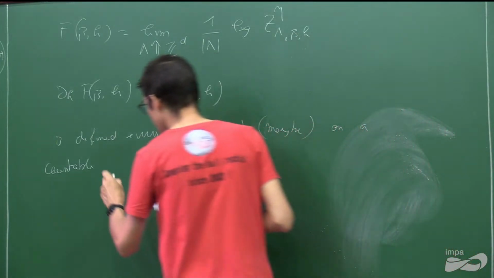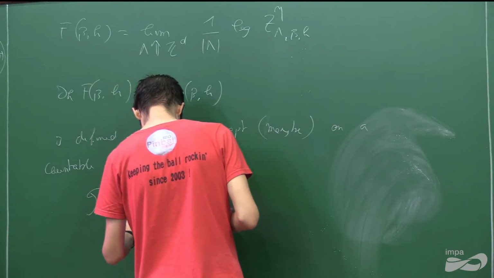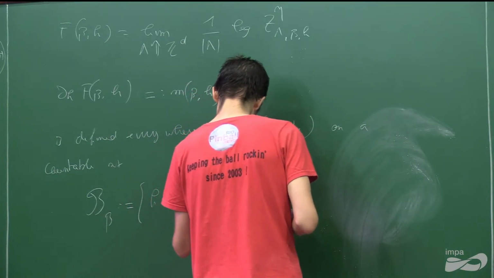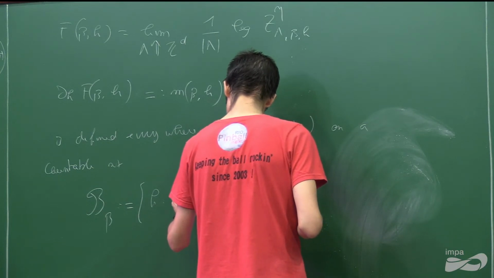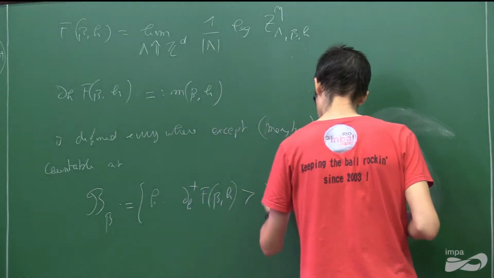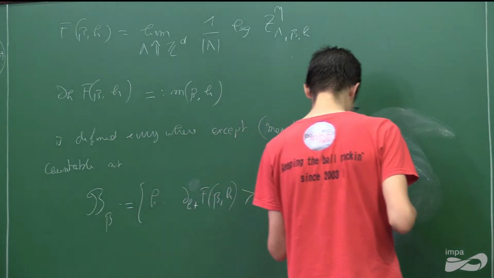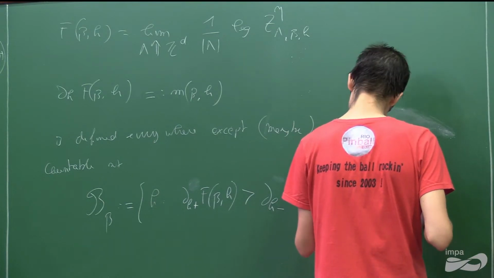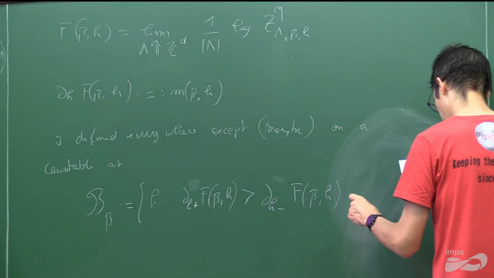This set is just the set of h such that the derivative on the right is larger than the derivative on the left. It's a place where the derivative makes a jump.